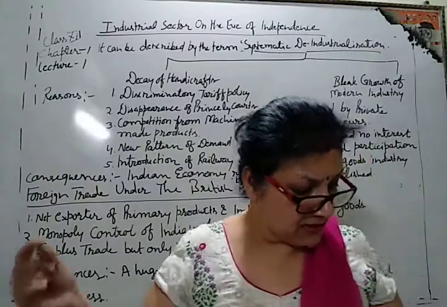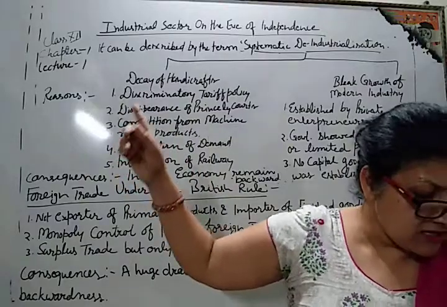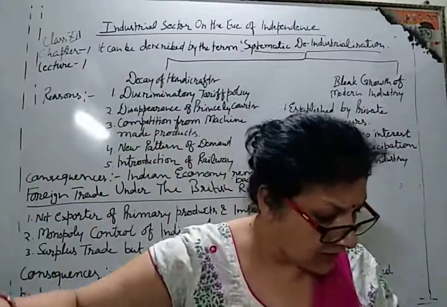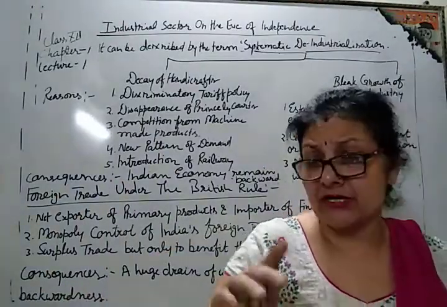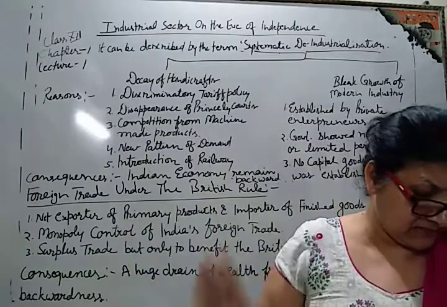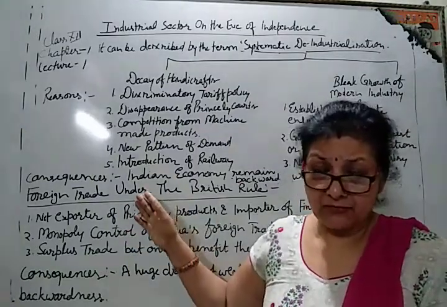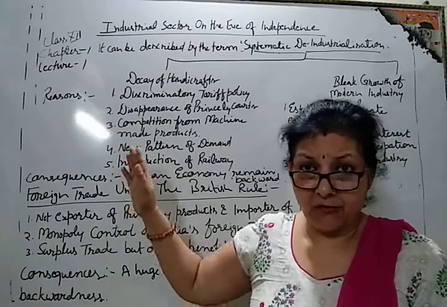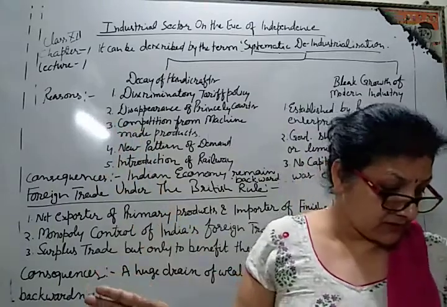So briefly we can say that the British government converted the Indian economy into a colonial market for British industrial goods, implying exploitation of the Indian market as a source of raw material for Britain and as a market for finished goods from Britain. Clear?